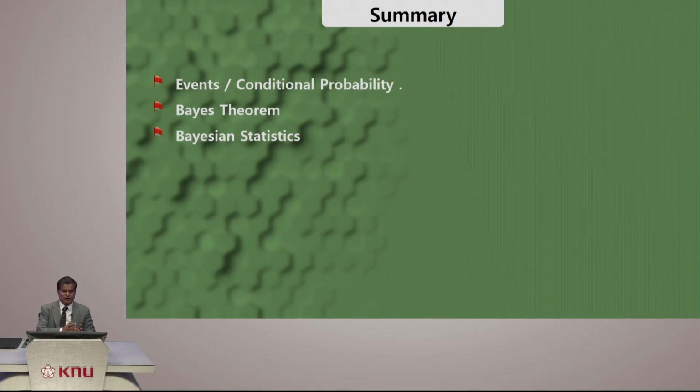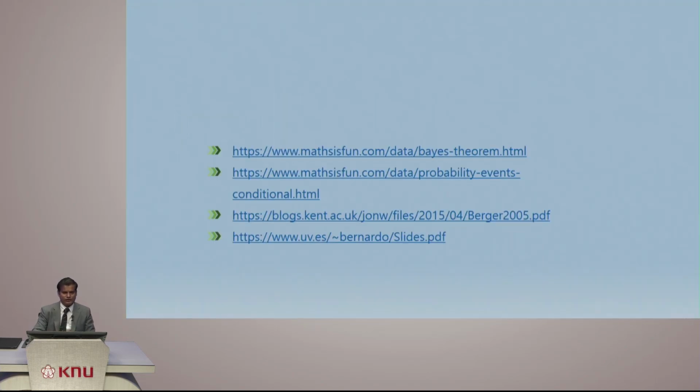Given this condition, we are trying to calculate another probability. And Bayes' theorem is also based on this conditional probability. We talked about Bayes' theorem and some examples of it. Finally, we gave some instructions on Bayesian statistics.